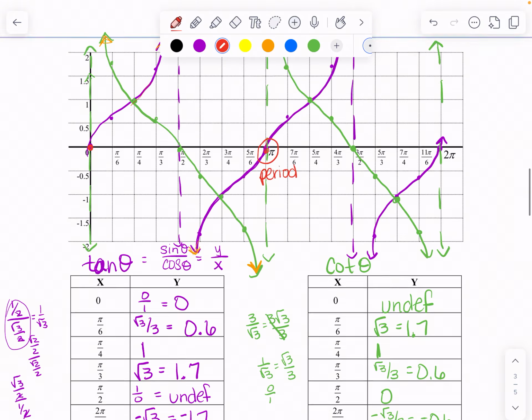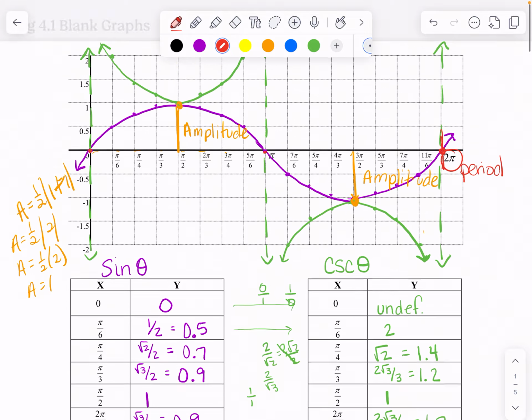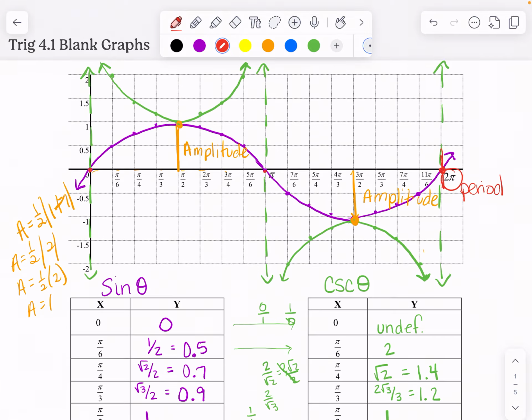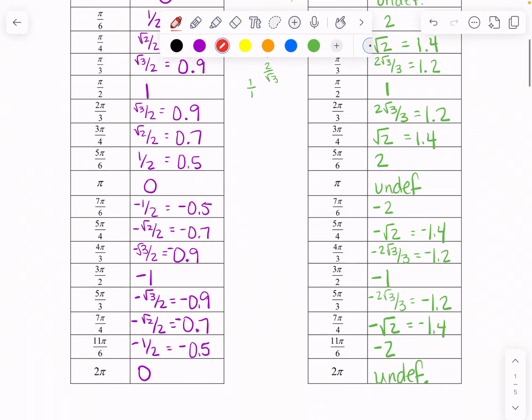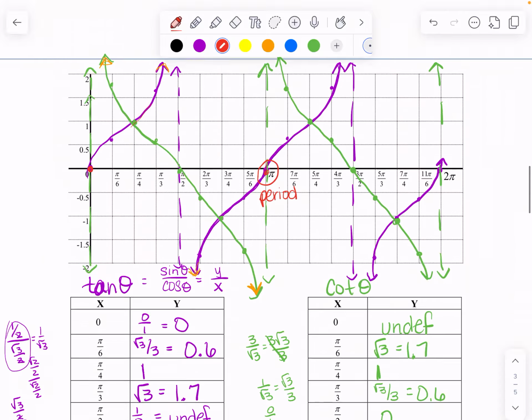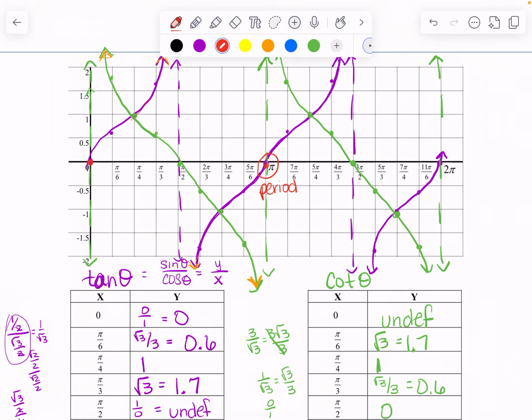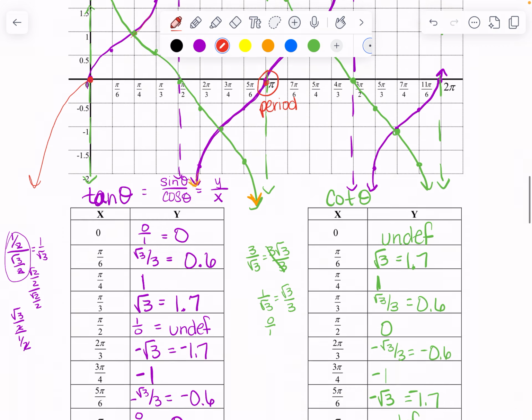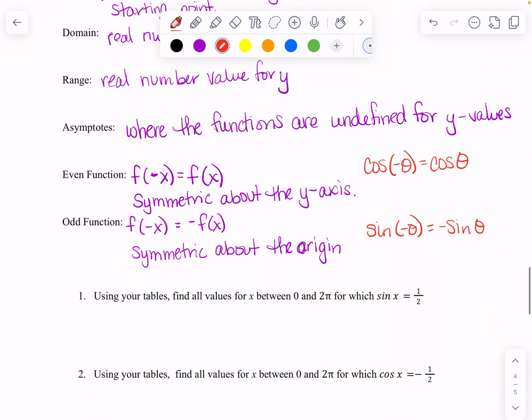So when we go look at those graphs, okay, here's the origin. He's symmetric about the origin, and you've got to think about it shooting through. So my graph repeats down here this way, so that makes it symmetric about the origin. Same thing with tangent and cotangent. This guy, again, think about shooting him through, goes down there. Okay, so he's symmetric about the origin. So tangent and cotangent are odd functions.